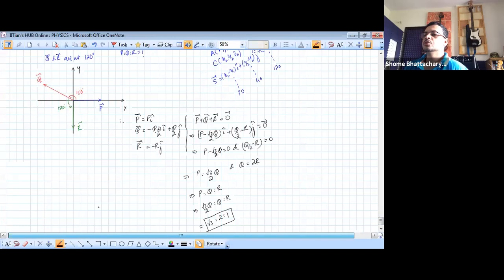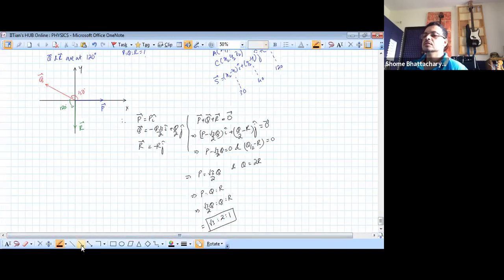You can also understand this geometrically, that the vectors P, Q and R are forming a closed triangle like this.